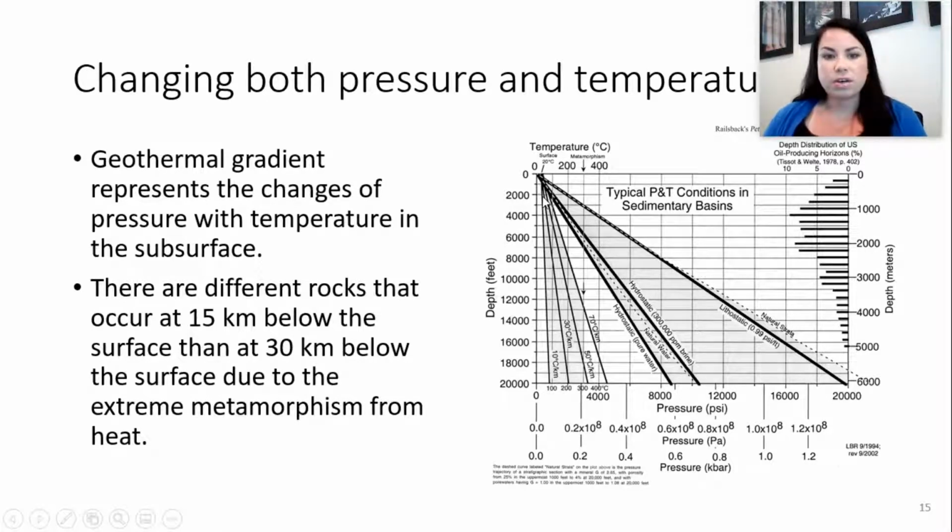So there are different rocks that occur at 15 kilometers below the Earth's surface than occur at 30 kilometers below the surface, and that's due to the geothermal gradient. So the hotter it is and the deeper it is below the surface, the different types of metamorphism can occur.